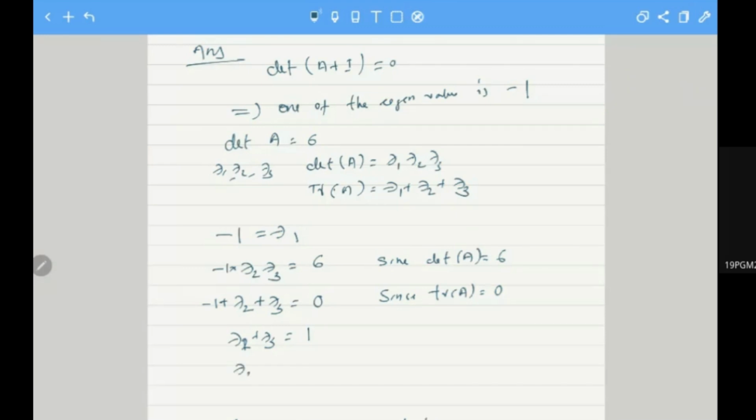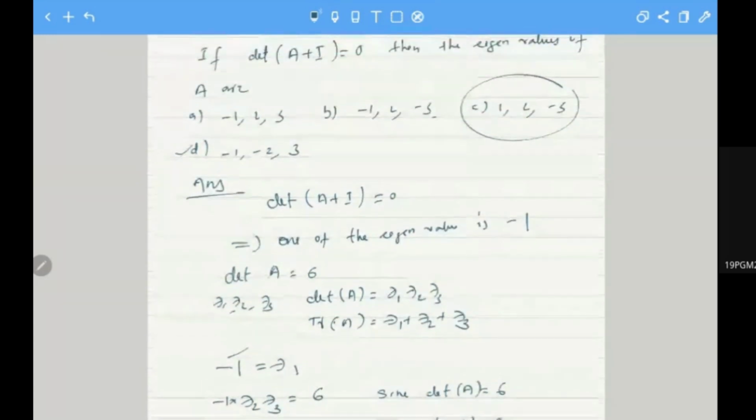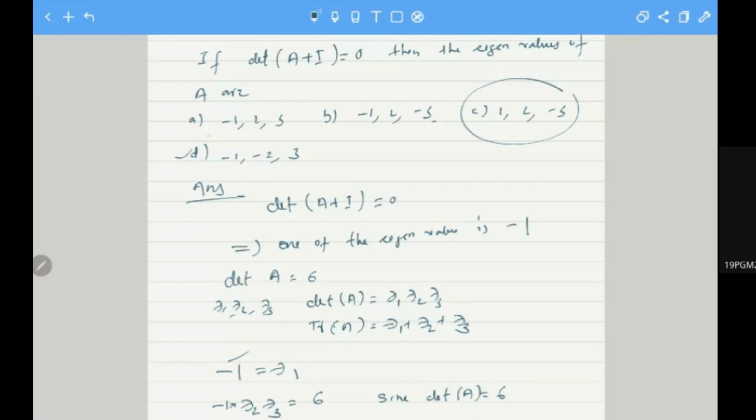Also lambda2 lambda3, the product, is -6, which will imply that lambda2 equal to -2 and lambda3 equal to 3. So our eigenvalues are -1, -2 and 3. So option D is correct. The remaining all are wrong.